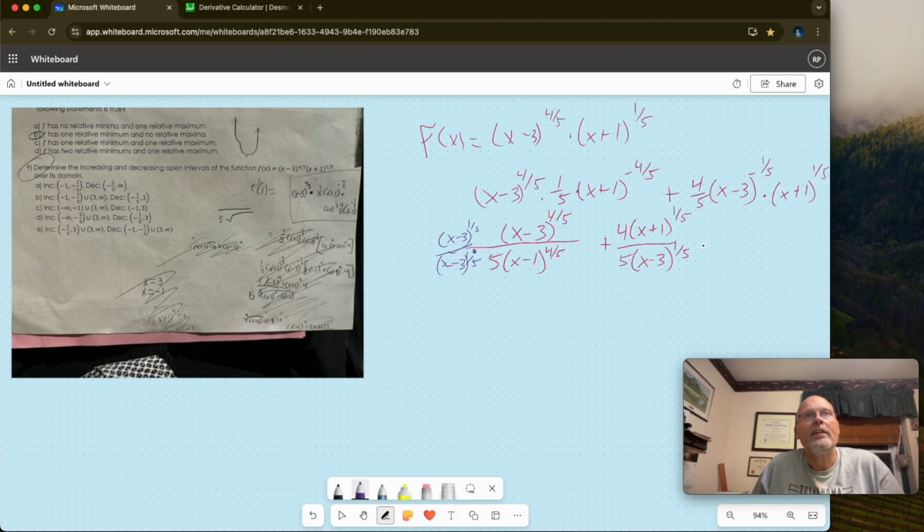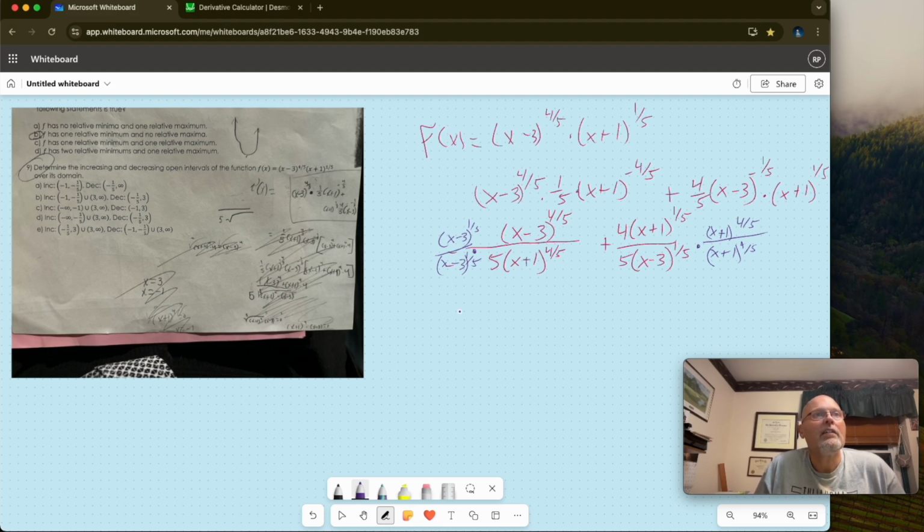Right? This will be times (x plus 1) to the 4/5 over (x plus 1) to the 4/5. I keep wanting to make it x minus 1. And now you'll notice I'm multiplying these together.